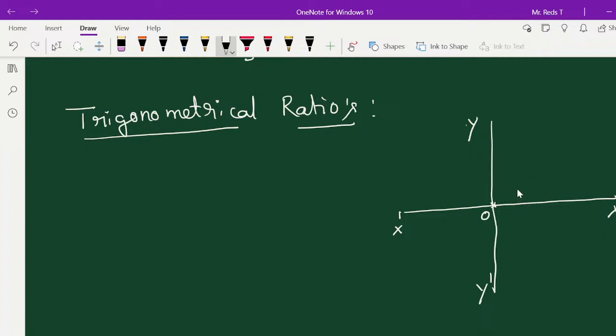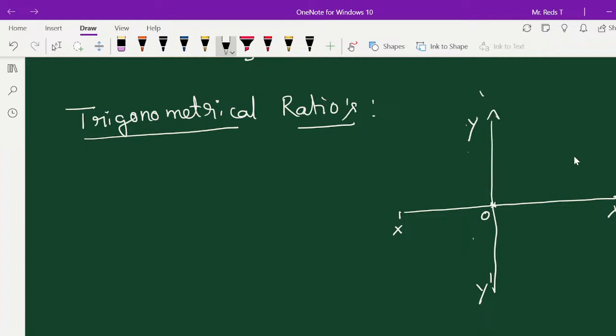Now let us consider the point O as origin, and X dash O X forms the horizontal x-axis. Then Y O Y dash forms the y-axis.